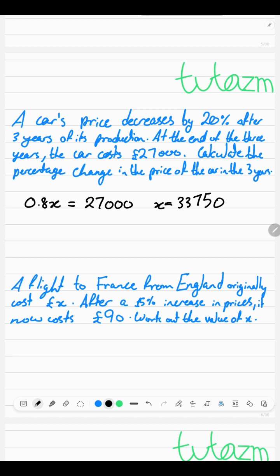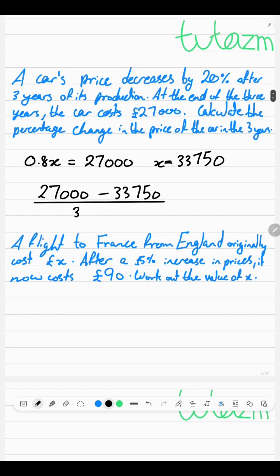£33,750. For the percentage change, we have to do the final value minus the initial value, divided by the initial value, times by 100. So the final value here being 27,000, remember that, and we're taking away 33,750, over 33,750, and we are multiplying that by 100.